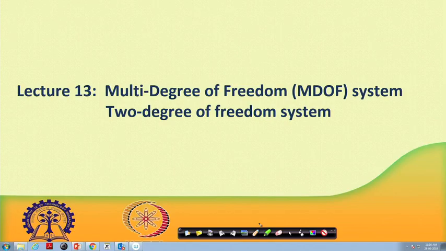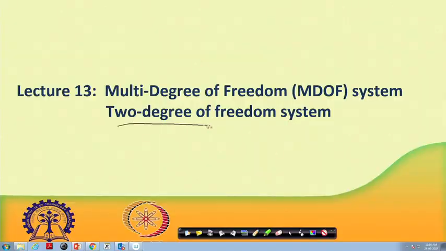Most real-life structures are often multi-degree of freedom systems. So, we will start with a 2 degree of freedom system, with which we will explain different concepts of a multi-degree of freedom system, because it is easier to explain the concepts using a simpler example.